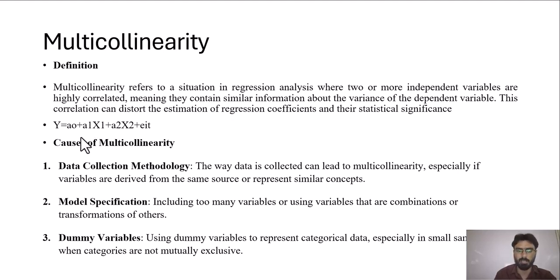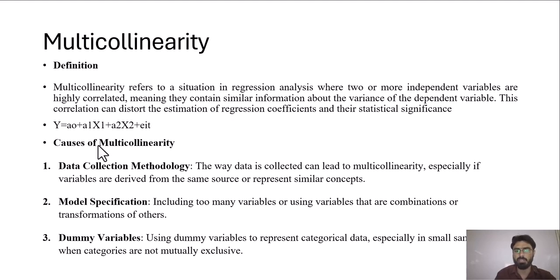So I will repeat it again. When both independent variables are affecting each other, this will cause the issue of multicollinearity. So this is the generic and basic definition of multicollinearity.